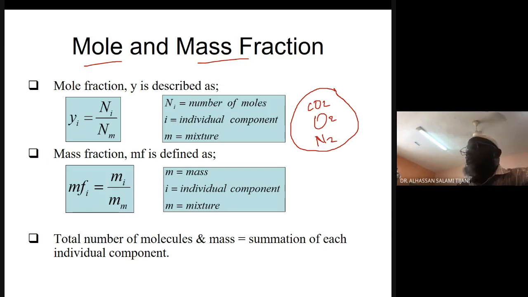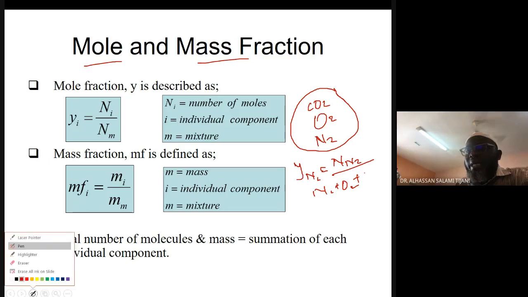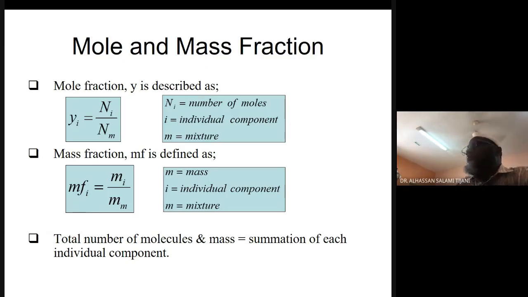Now, if I want to determine the mole fraction of, for example, nitrogen, I have to know the number of moles of nitrogen divided by the total number of moles of nitrogen plus the number of moles of oxygen plus the number of moles of carbon dioxide.